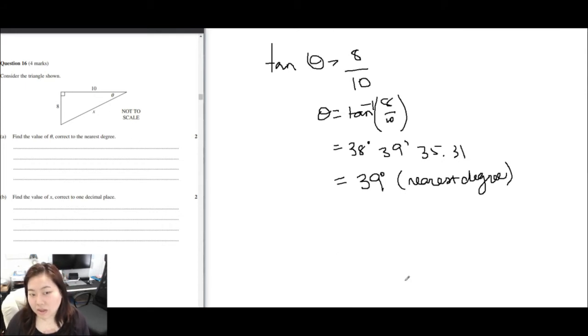I'd rather use Pythagoras theorem. The reason is because that angle is a rounded number, and I'd rather not use a rounded number to find something else. I'd rather use an exact number like the 8 or the 10. So I'm going to do Pythagoras theorem, which will be x squared is equal to 8 squared plus 10 squared.